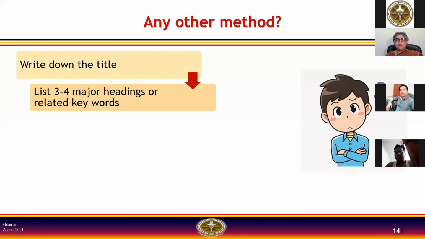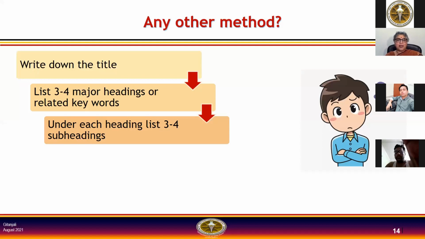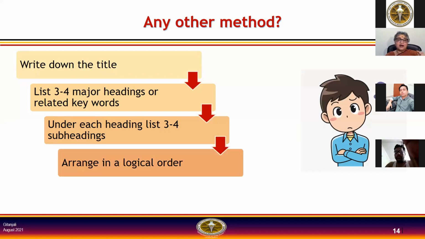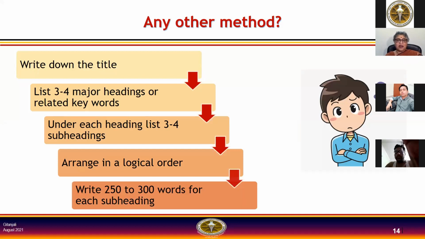So take some words of the thesis or some related keywords, and under each of these major headings, I ask them to again list another 3 or 4 subheadings, and under each, then I ask them to arrange it in a logical order and write about 250 to 300 words for each subheading.